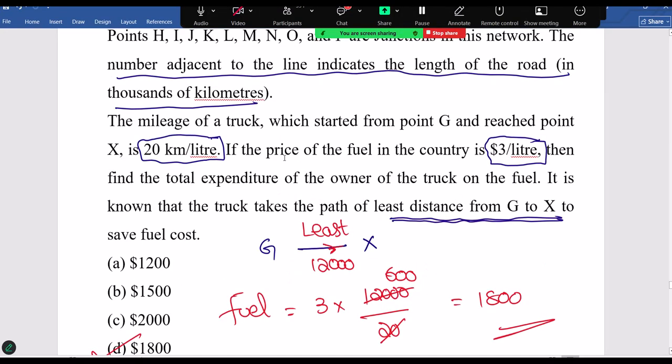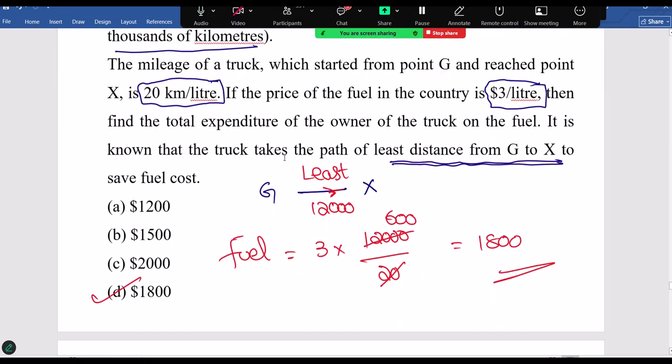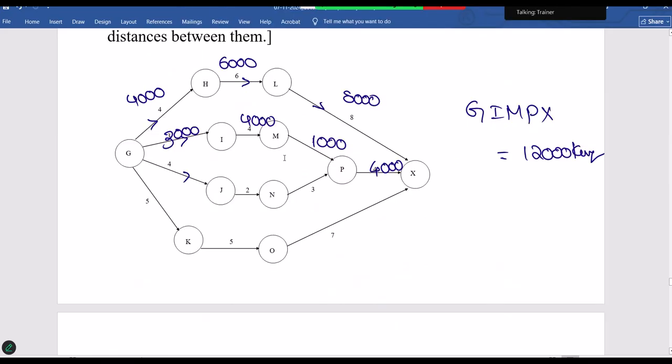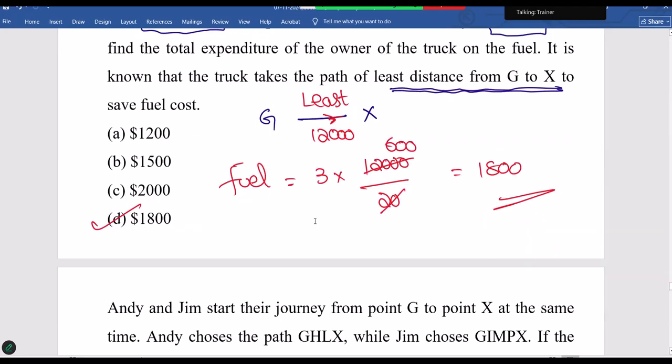GHLX you have to calculate. GHLX is 18,000 kilometers. Now the question: who will reach the X point early?